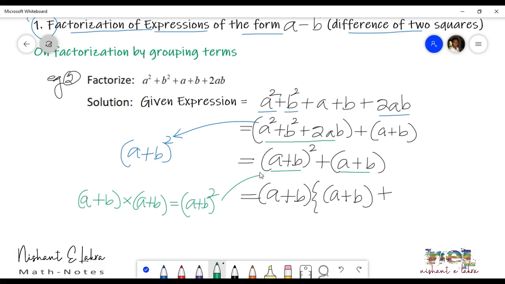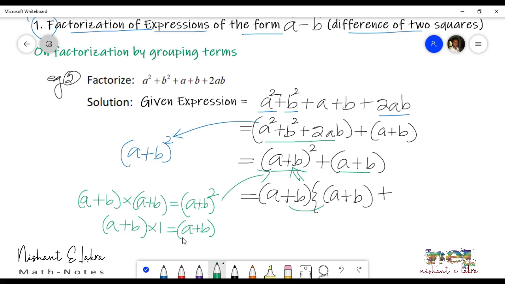So a plus b into a plus b is the common term here, that's why we have put it outside the bracket. And a plus b into a plus b is a plus b whole square, and a plus b into 1 will be the second term. That is a plus b.